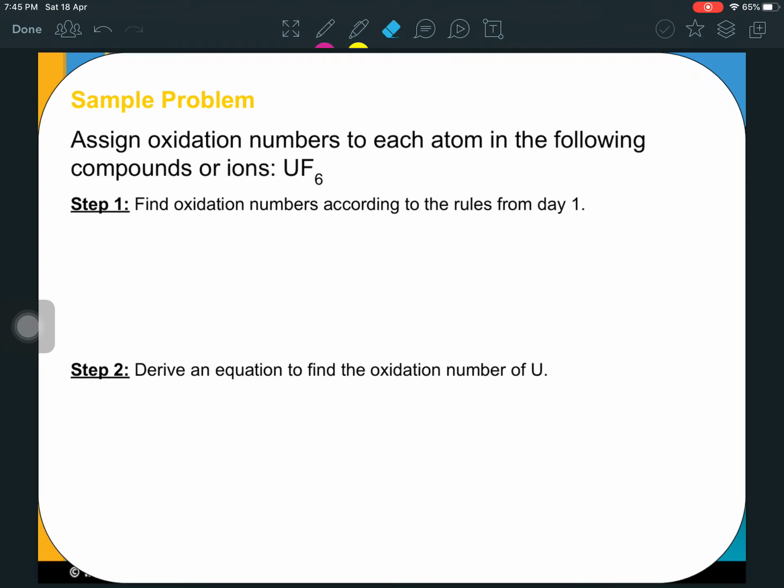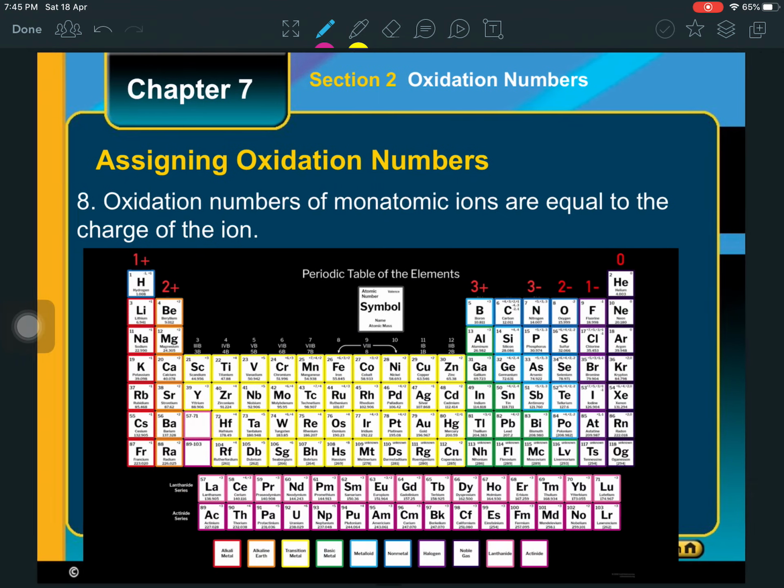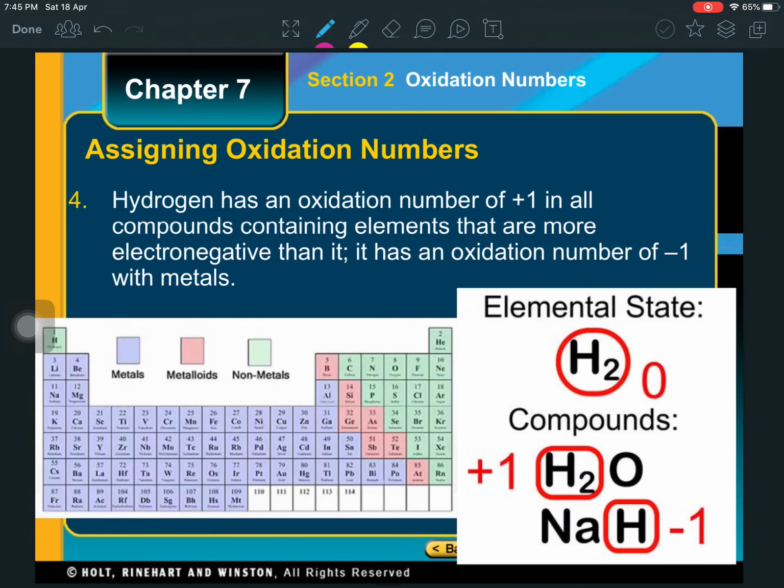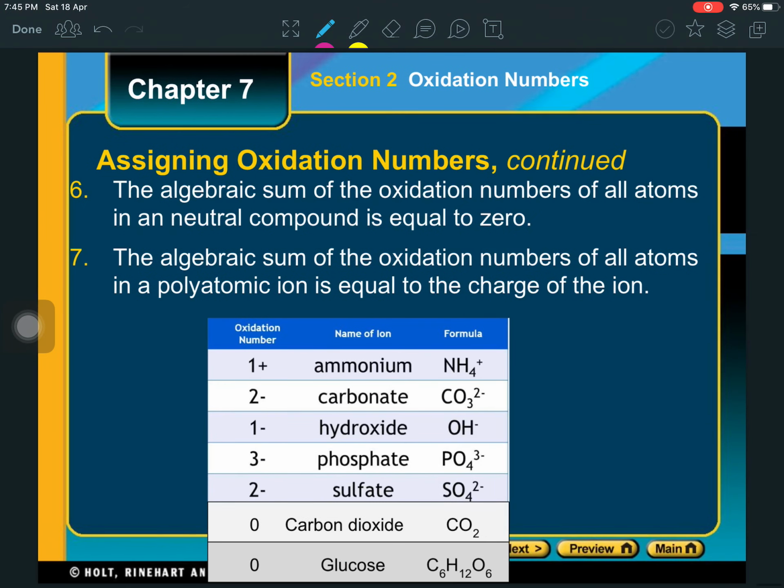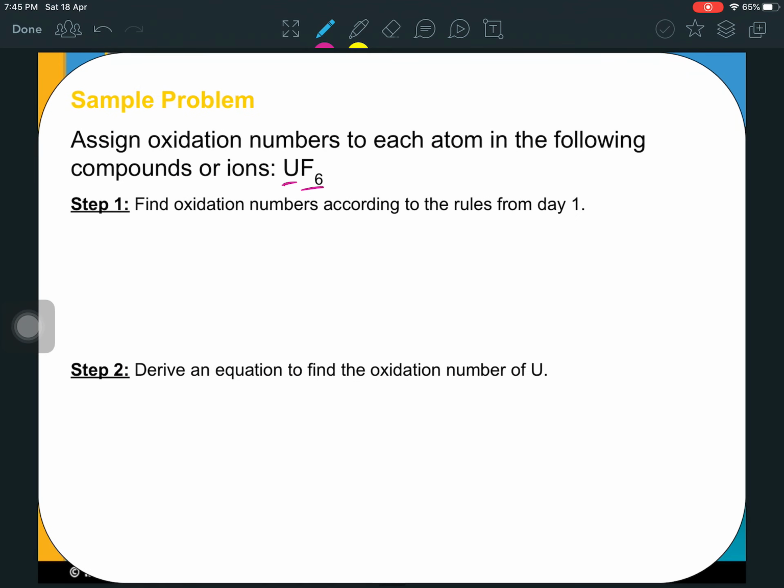All right, so now here we have a compound that has a uranium and a bunch of fluorines. The first thing I want to do is find out the oxidation numbers of everything that I could possibly know. Okay, so let's go ahead and look at the rules. We see uranium and we have a fluorine. Let's see what we've been given. We know that our overall charge has to be equal to the overall charge of the compound, right?